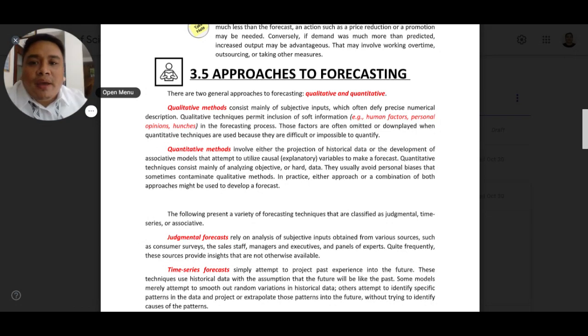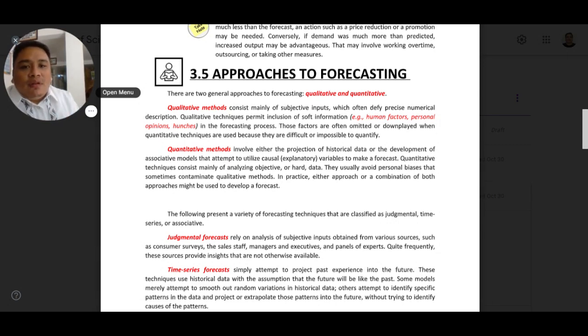So qualitative method consists mainly of subjective inputs which often defy precise numerical description. Qualitative techniques permit inclusion of soft information coming in from human factors, personal opinions, and hunches in the forecasting process. Those factors are often omitted or downplayed when quantitative techniques are used because they are difficult or impossible to quantify.